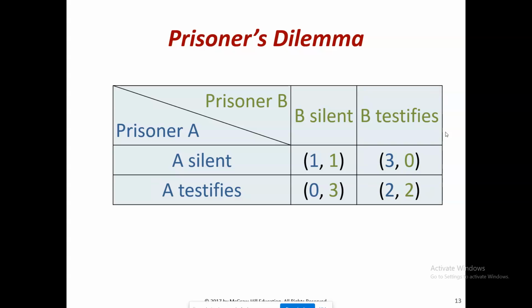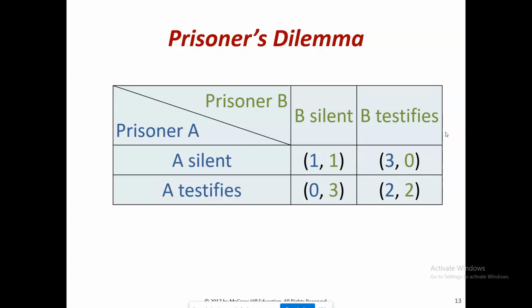It is assumed that both prisoners understand the nature of the game, have no loyalty to each other, and will have no opportunity for retribution or reward outside of the game. Then, regardless of what the other decides, each prisoner gets a higher reward by betraying the other or testifying.